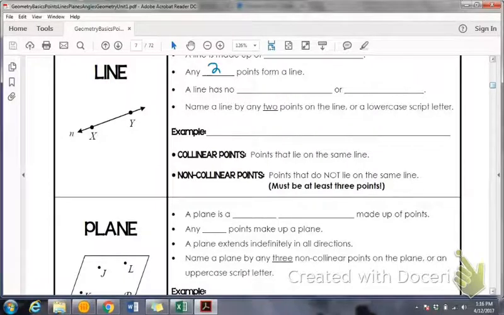A line has no length. Why doesn't a line have length? Good, it goes on forever, right? So it has no length because it never ends. And it also doesn't have any width.